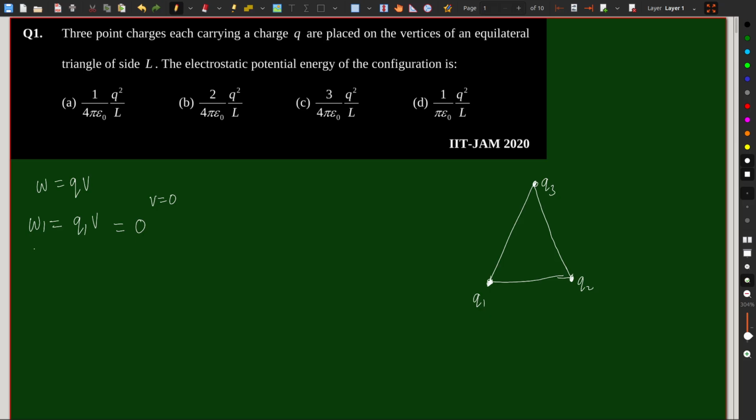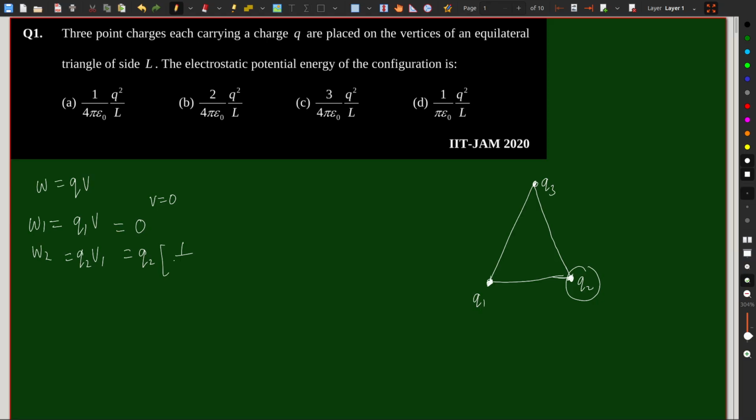And for placing charge Q2, W2: now we have taken this charge from infinity to this vertex of the triangle. Because there is charge Q1 already here, and due to this charge the potential is there. That is Q2 and V1, the potential due to charge Q1. So that will be Q2 times the potential.